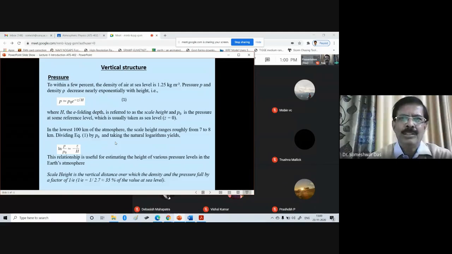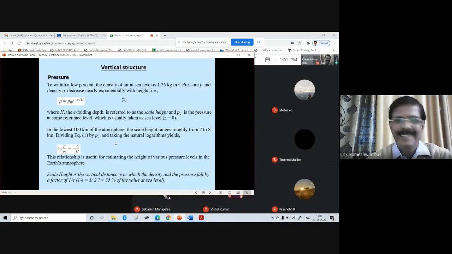So the altitude of the aircraft where it is cruising at the highest speed, 700 to 800 kilometers per hour, is about 30,000 feet, sometimes above, sometimes below. Roughly about 10 kilometers. So the pressure at the 10 kilometer height is roughly about 250 millibar. Of course, inside the cabin, the pressure is maintained.